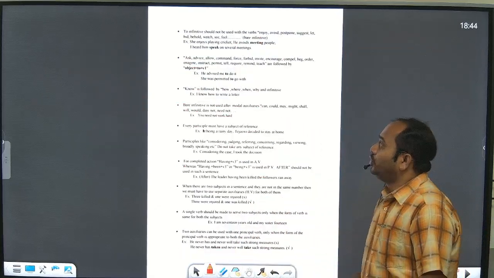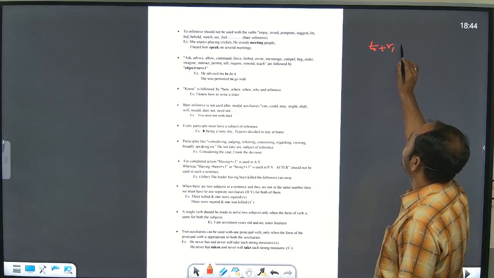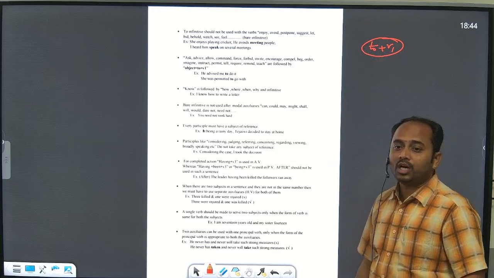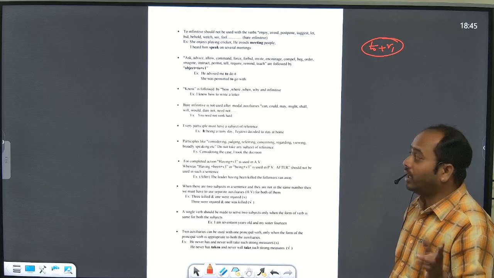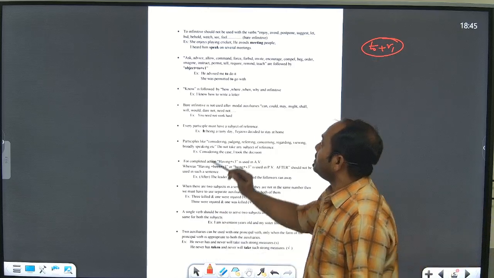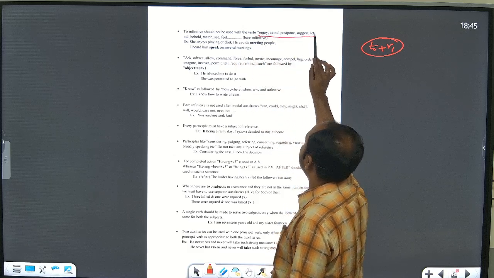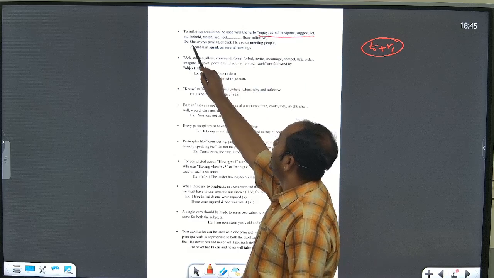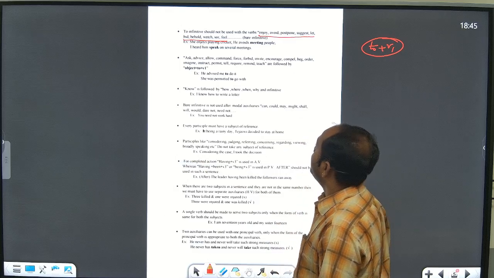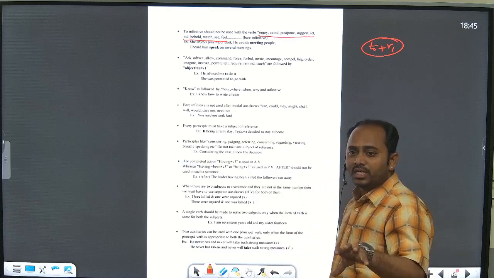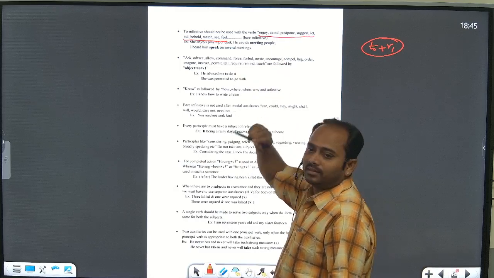Next, to infinitive. To infinitive means nothing but to plus V1, and we also call it bare infinitive or to infinitive. There are certain words: enjoy, avoid, postpone, suggest, let, bid, behold, watch, see, feel. When you get such words, we should not use to plus verb.